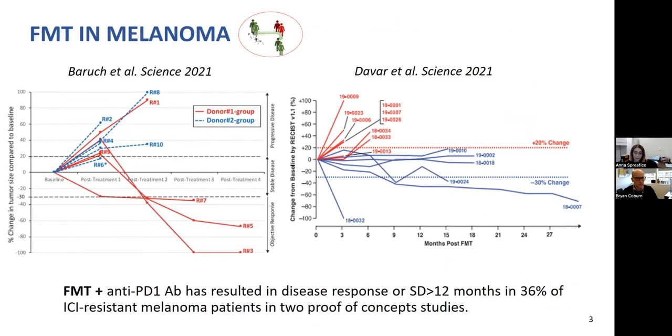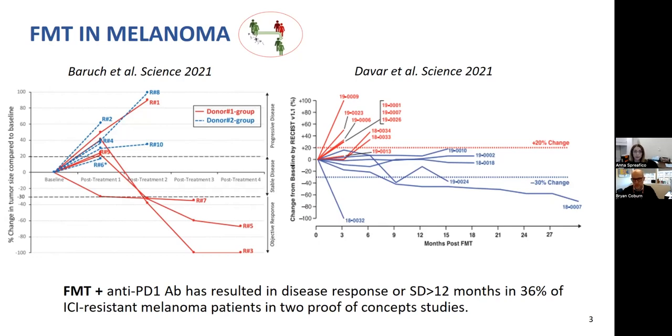On the left side of your screen, the graph on the left shows a phase 1 study that was led by the Israel group that basically assessed the safety and tolerability of the fecal microbiota transplantation and the reinduction of anti-PD-1 in 10 metastatic melanoma patients who were refractory to anti-PD-1.